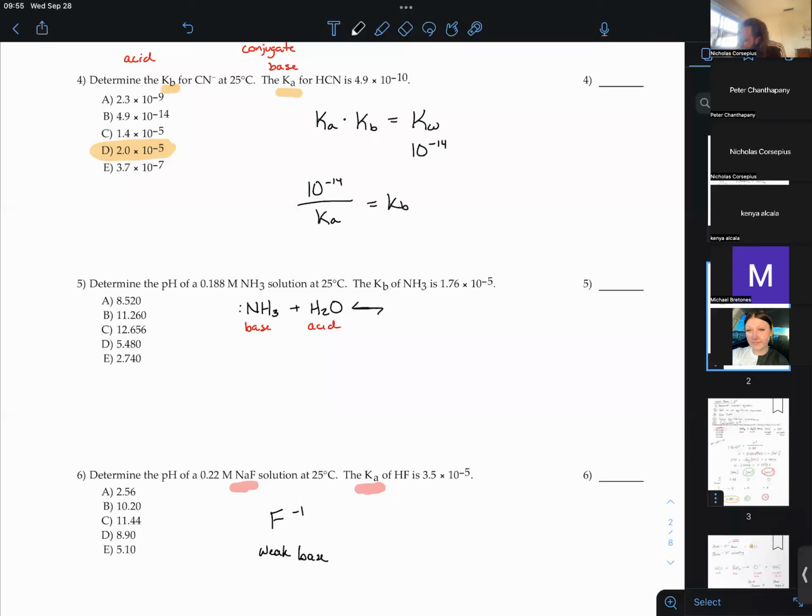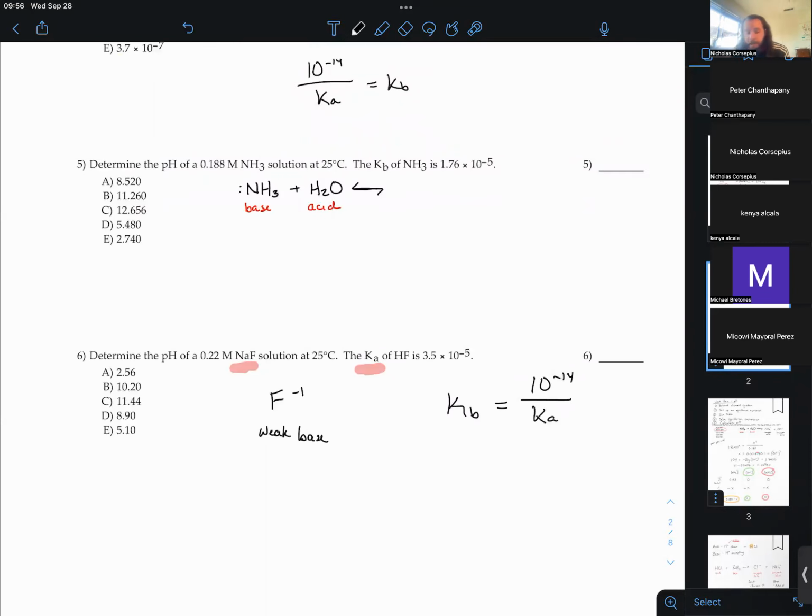So you're going to first have to find the Kb, given that 10 to the negative 14 divided by the Ka is your Kb. And then you're going to do exactly what we did in problem 5. This is going to be good practice for setting up your ICE tables and everything like that. There will be the answer key posted so you can check your work.